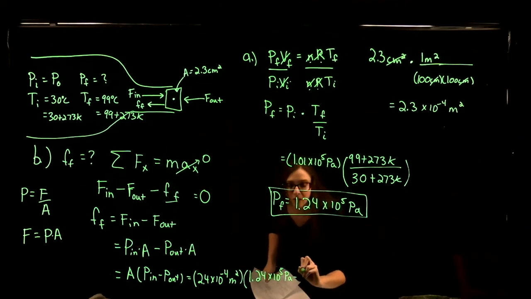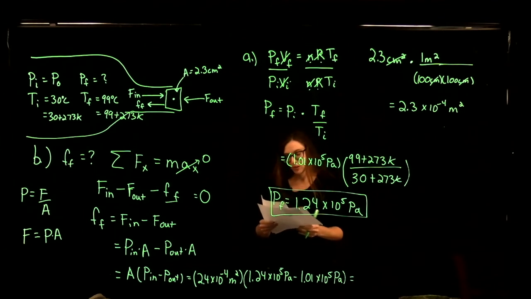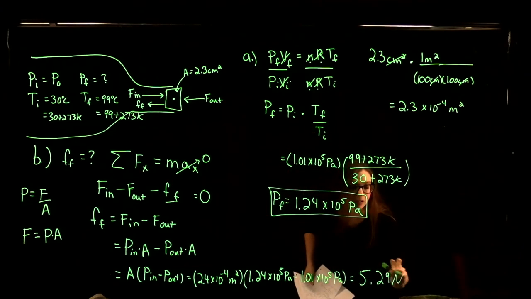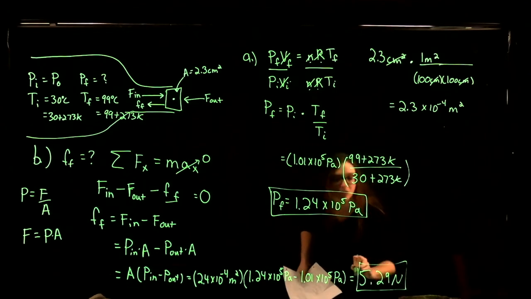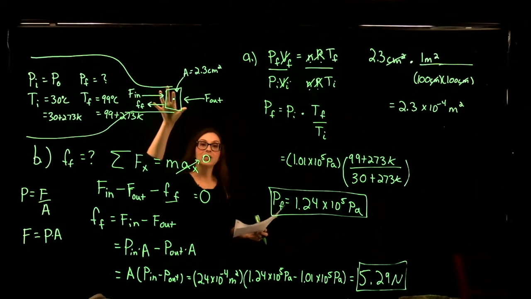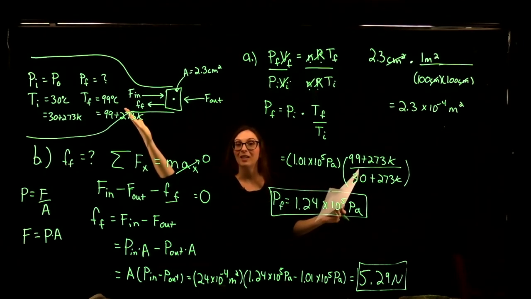So minus 1.01 times 10 to the 5 pascals. And then that gives us a friction force of 5.29 newtons. A friction force of 5.29 newtons is acting in order to keep this cork from exploding out of the end of the bottle.